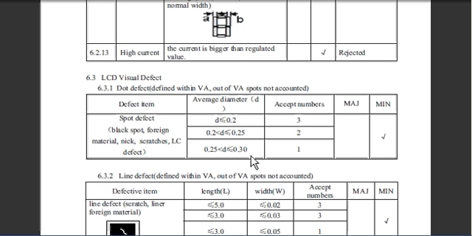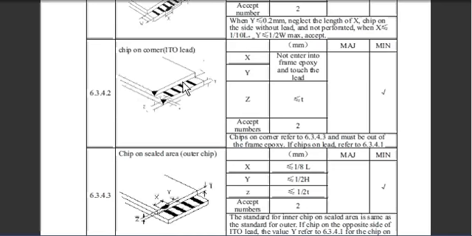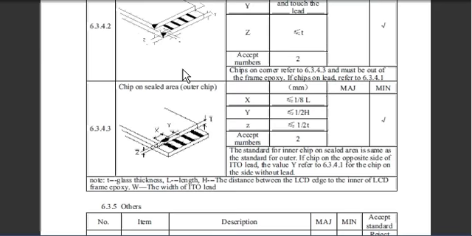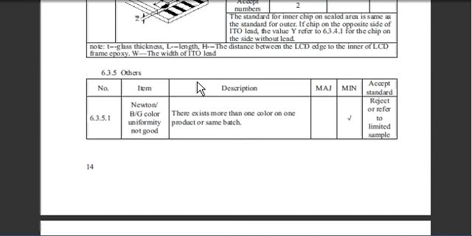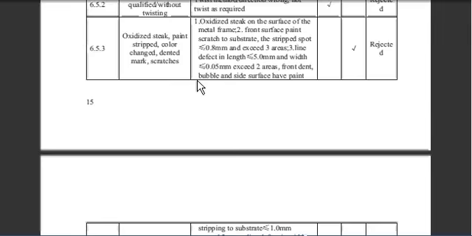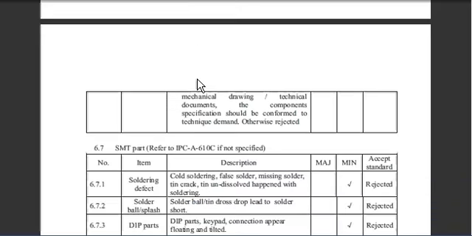If it is bigger than 0.3 millimeter, it should be rejected. But it is a minor defect. There is also ITO or glass chips, broken, and Newton rings, whatever. There are a lot of possible defects here, and all the criteria are listed here.